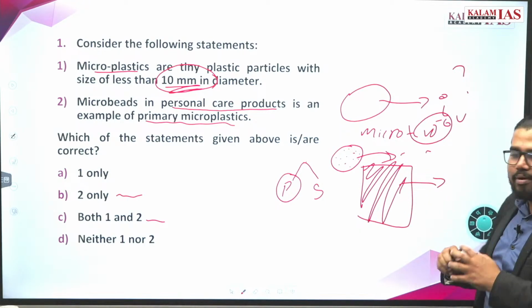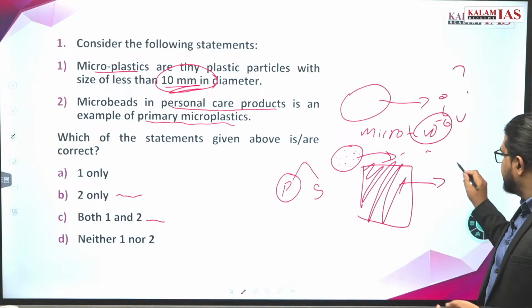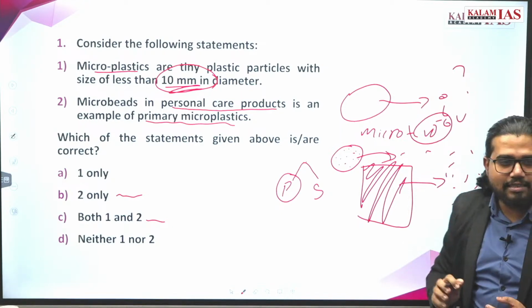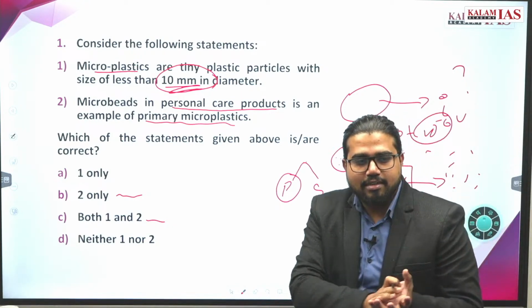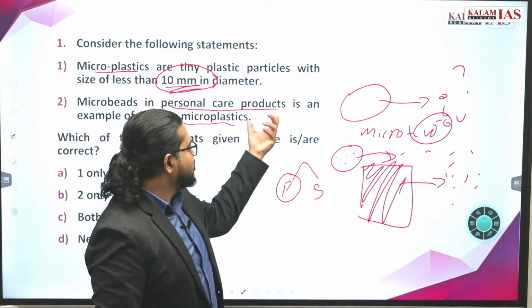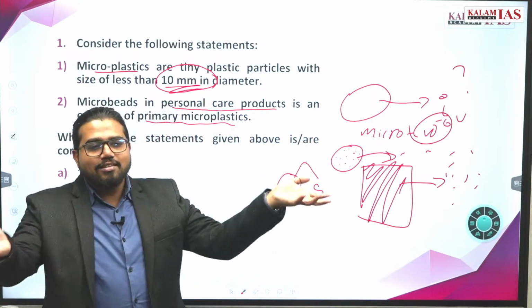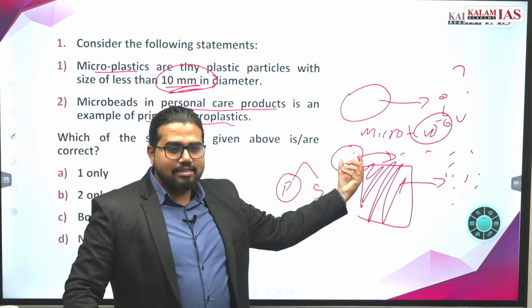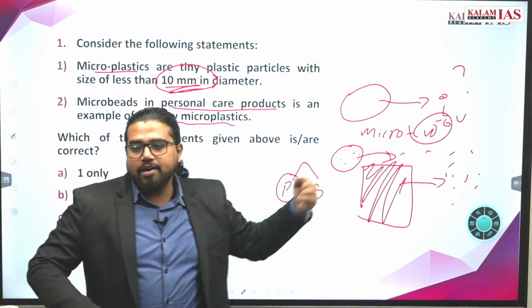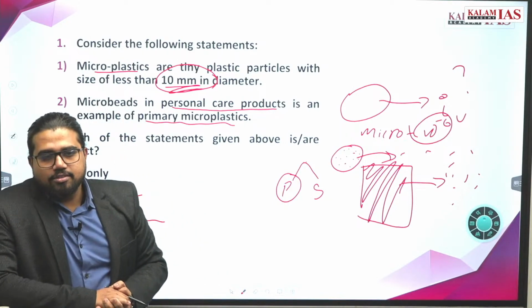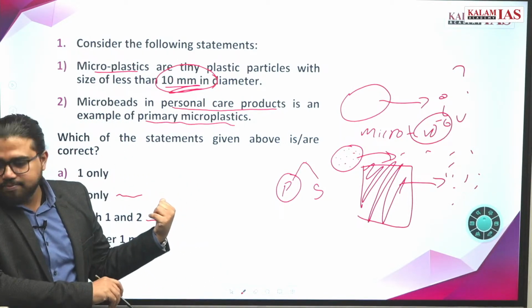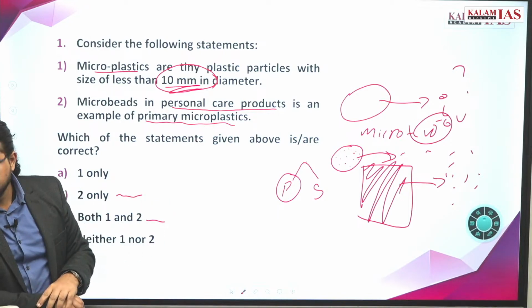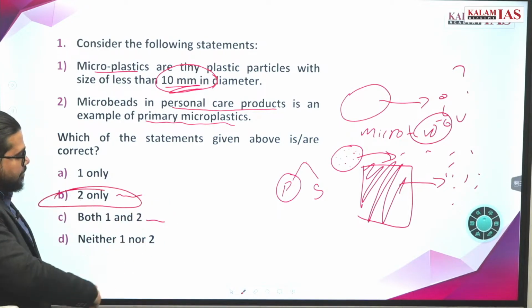This has to be broken down into small particles over years or through some process. Then it becomes microplastic. Personal care products, here also there is subjectivity. Personal care means you can take something other and argue that. But in general it can directly become a part of microplastic. So what will be our answer? Okay, answer will be B.